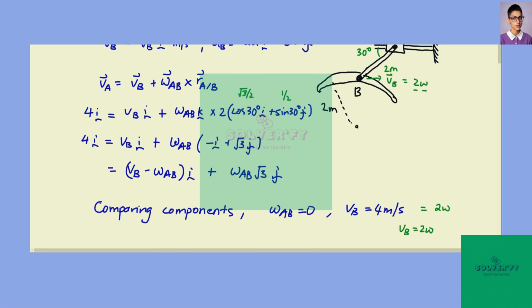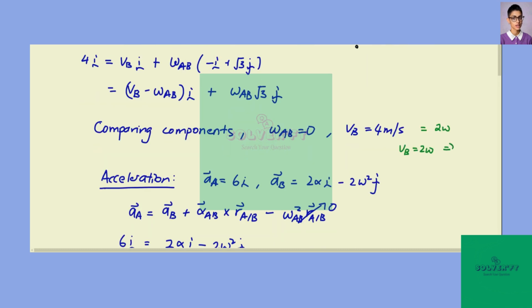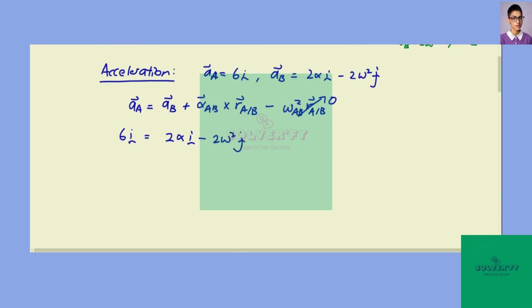So omega is equal to 2. That's something that we are going to use later. Let's continue. Plus alpha AB in the k direction cross rAB, which is 2 cosine 30 degrees i plus sine 30 degrees j.